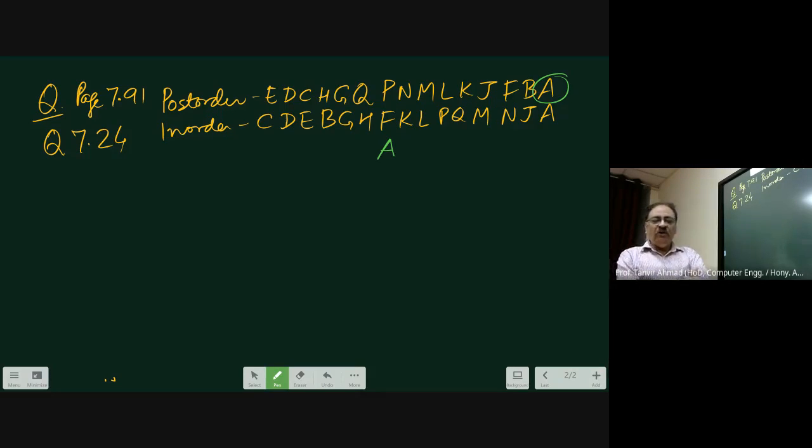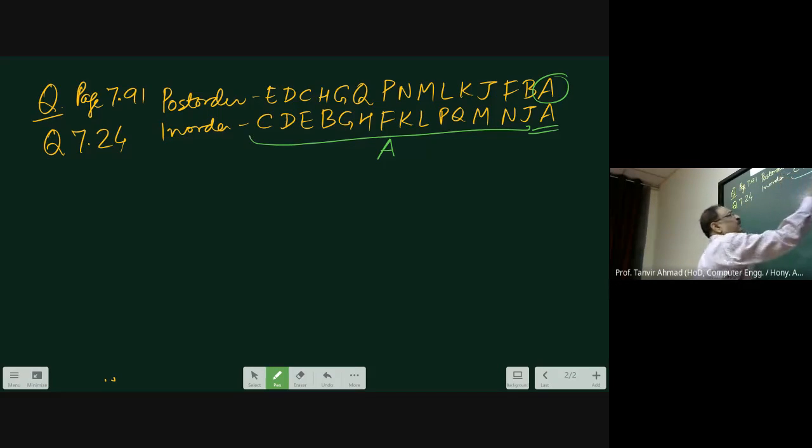Now try to find in order the left of A and the right of A. And what you find is that A is at the last. It means that all the nodes which are left of A are the left subtree of A, and there is no node in the right of A. This means that all these nodes will come here.